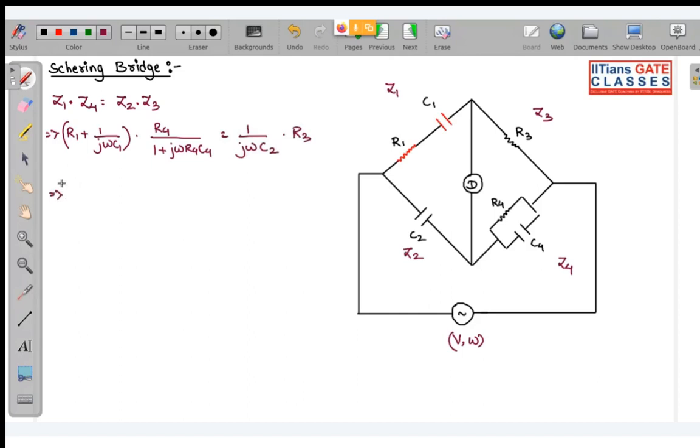So if I solve this, this is going to be what?